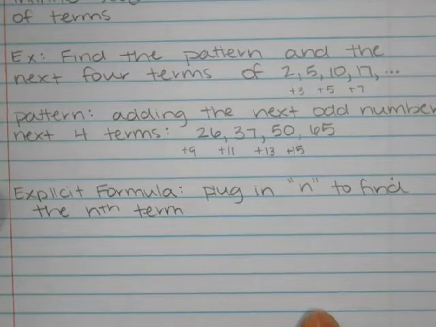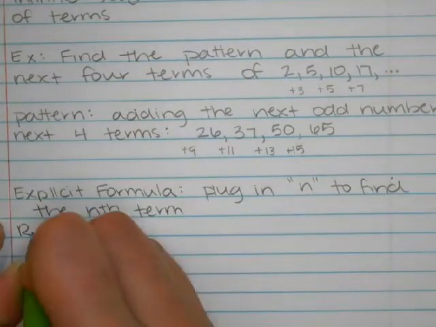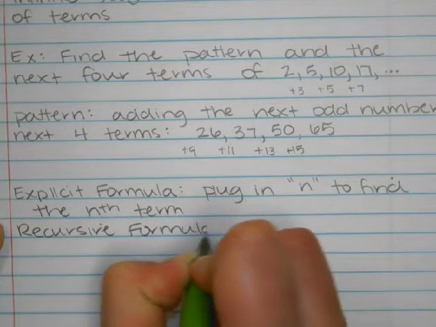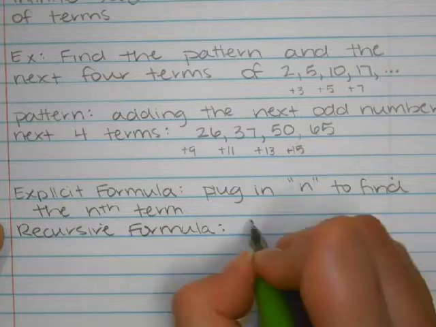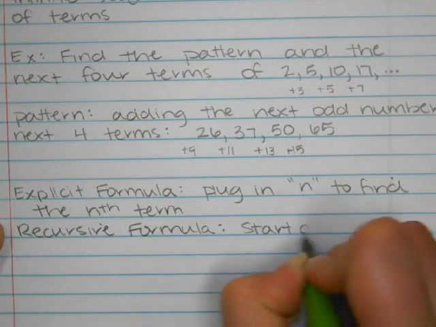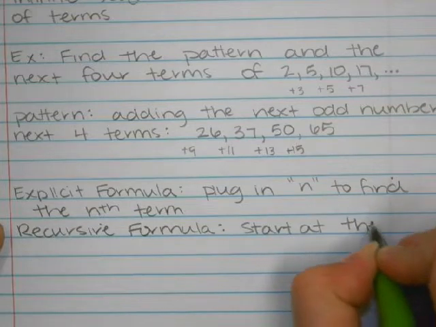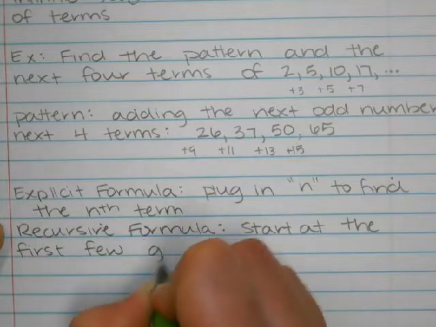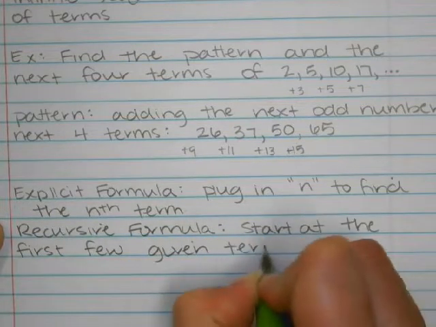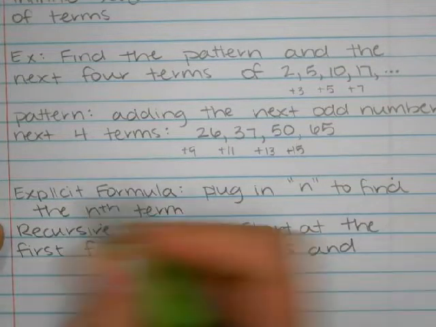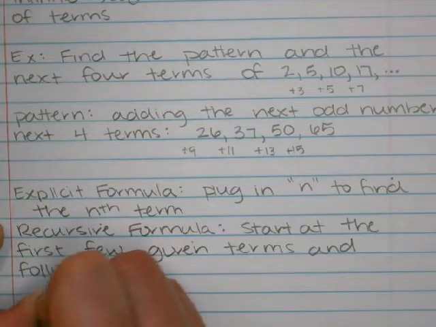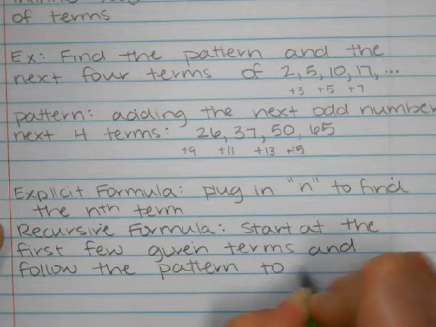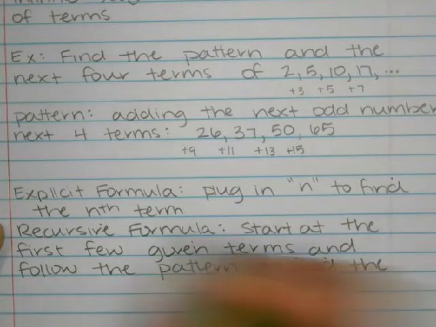The other type of formula we have is a recursive formula. And for a recursive formula, you start at the first few given terms, and then follow the pattern to find the nth term.